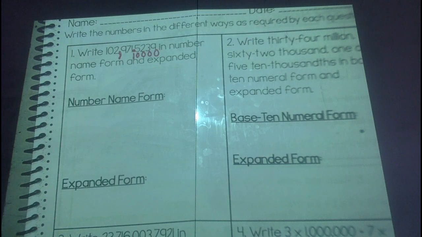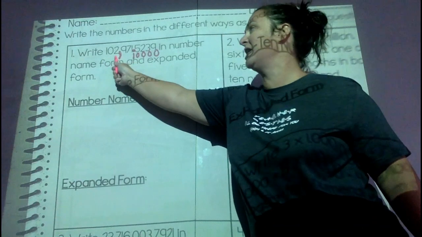So let's start. We're going to go number name form first. Well, let's go to the decimal. We have 102 what? Thousand.